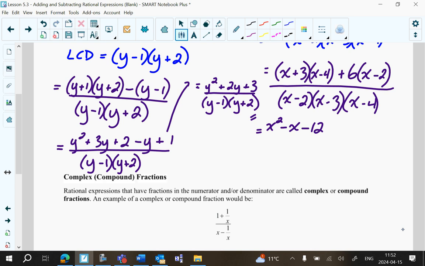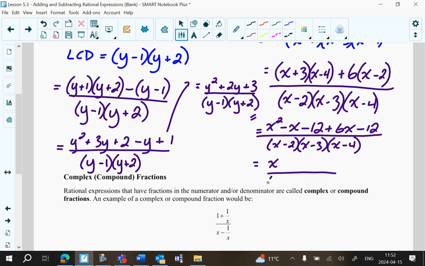Okay, all over this. So now we've got to simplify the top by collecting like terms. We have x squared plus 5x minus 24.